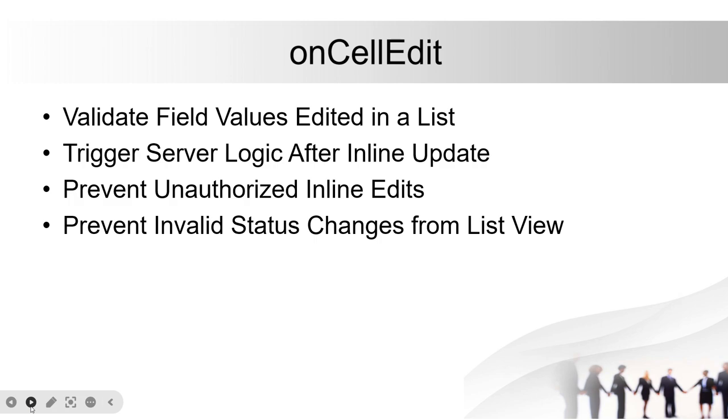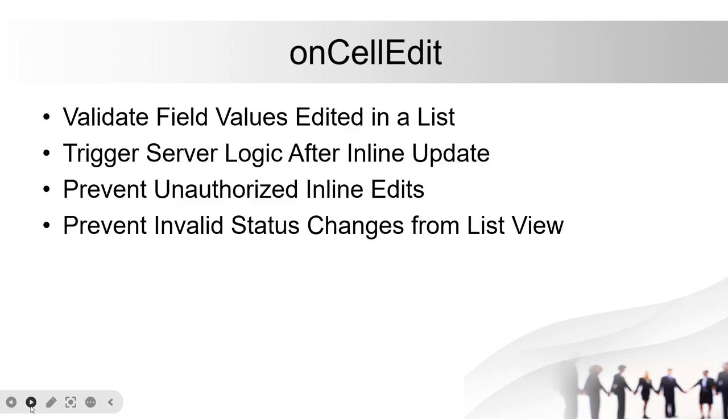Let's suppose you want to update the caller on any incident from the list view, and there is another field like email. You can trigger an AJAX call to get the email from the server side once the caller is edited. So this is what you can do here. Prevent unauthorized inline changes.